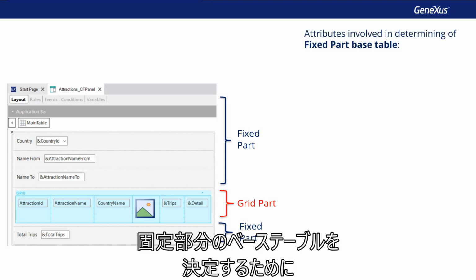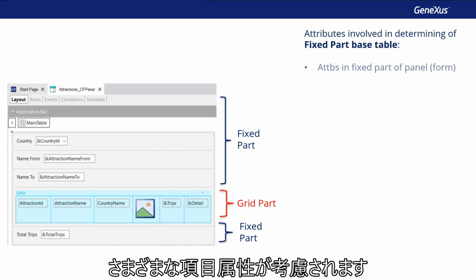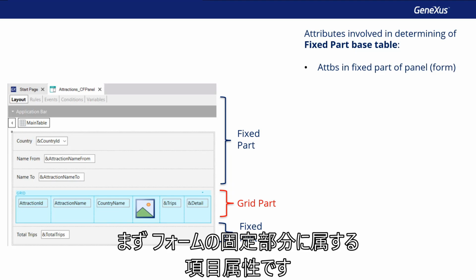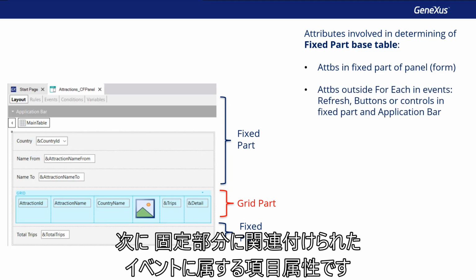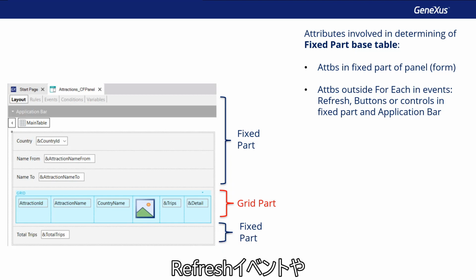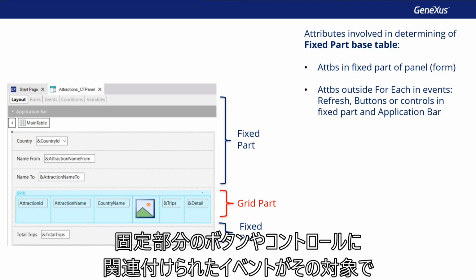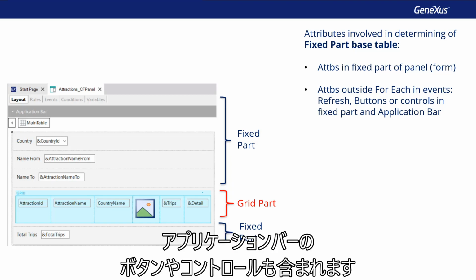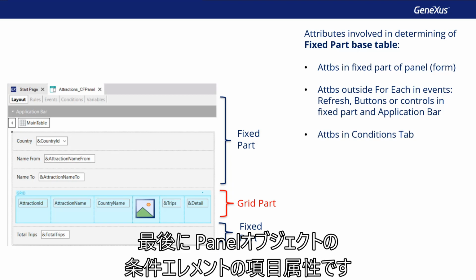To determine the base table of the fixed part, the attributes that belong to the fixed part of the form, the attributes that belong to the events associated with the fixed part, as long as they're outside a for each command, in the refresh event, and events associated with buttons or controls of the fixed part, including those of the application bar, and also attributes of the tap conditions of the panel object will be taken into account.